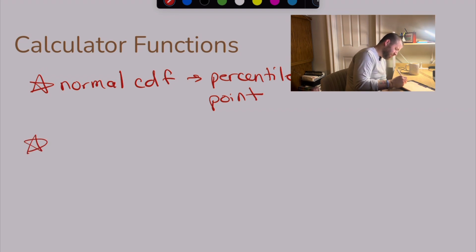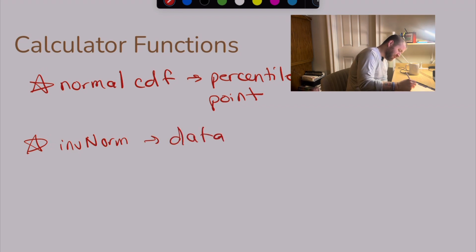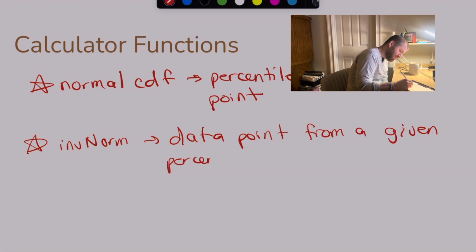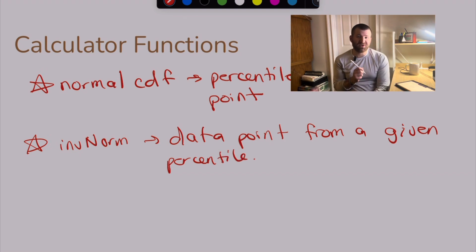And then the last one is inverse normal, which will do the opposite. It will give you a data point from a given percentile. So those are the two most important calculator functions.